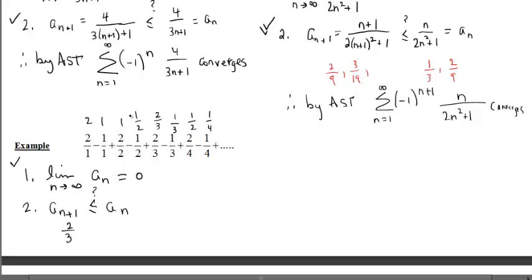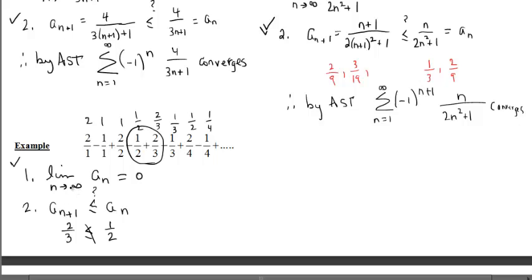And remember, we're looking at the absolute value of the term. So 2/3 is not less than or equal to the 1/2. So we were looking at the comparison here. All right, so this test is going to fail.